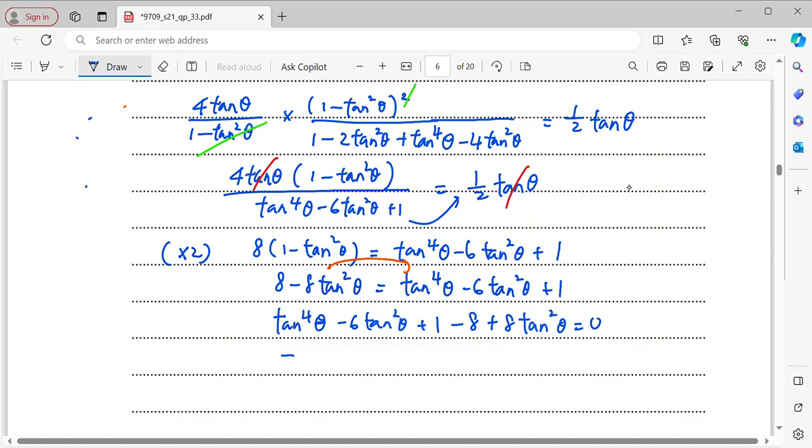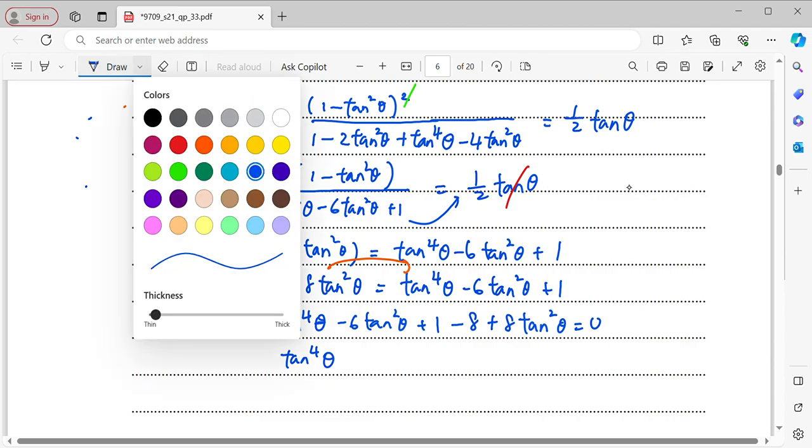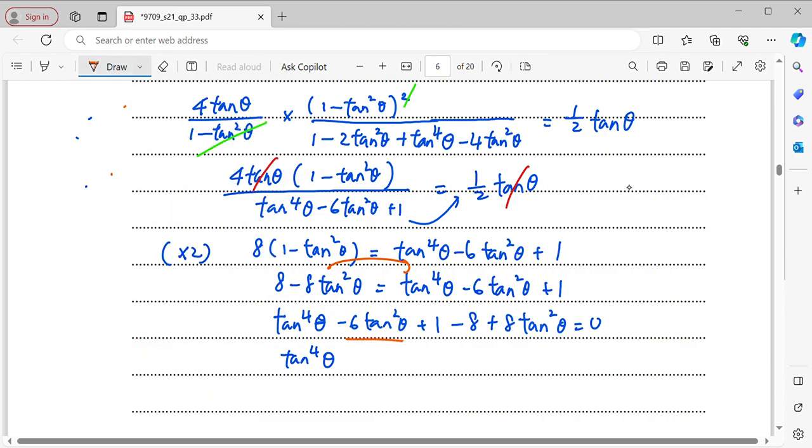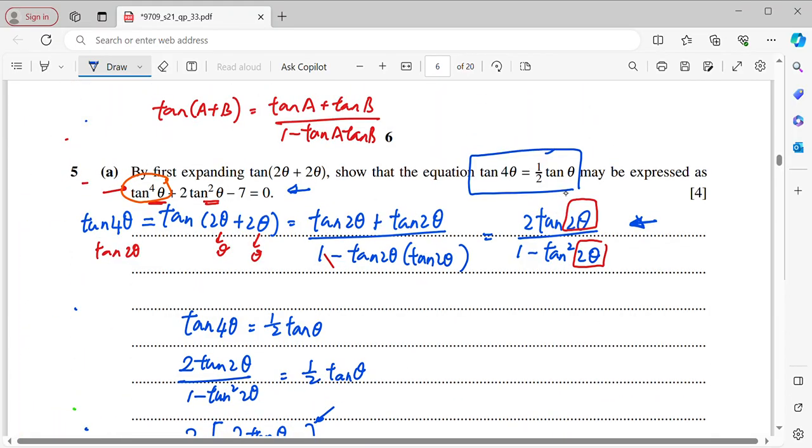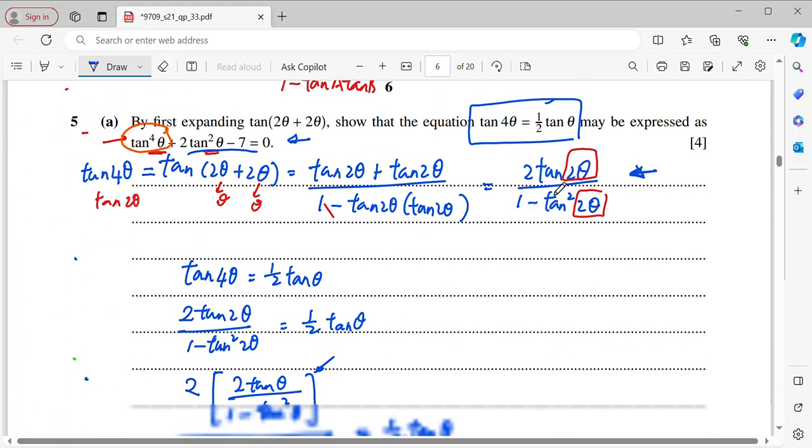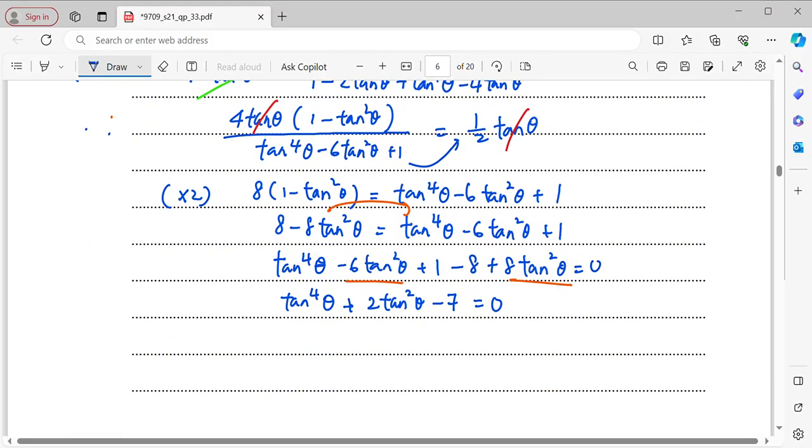So then you will be getting tangent to the power 4 theta minus 6 tangent squared theta plus 8 tangent squared theta. Okay, so when you simplify these two terms, it will be positive 2 tangent squared theta. And then plus 1 minus 8, it will be minus 7 and equals to 0. So now let's check. It is exactly the same. Okay, so shown.